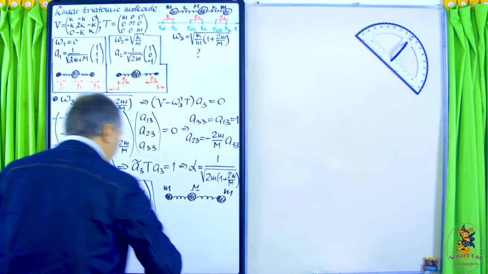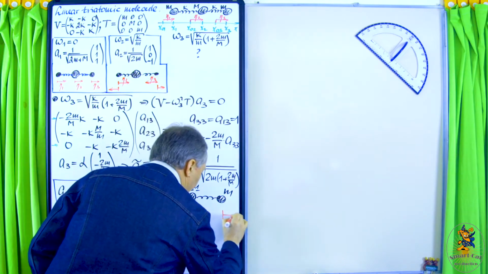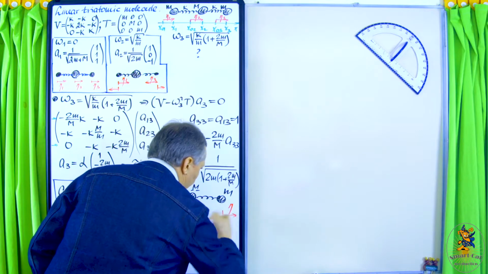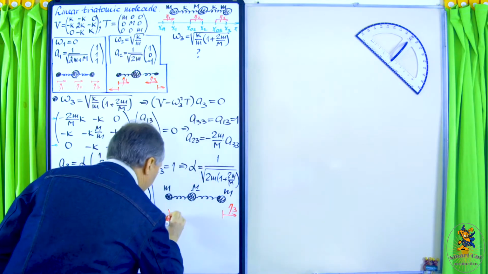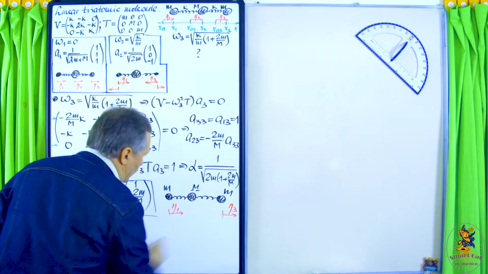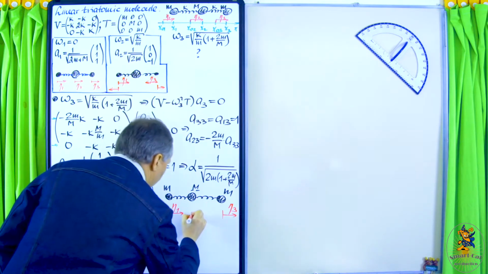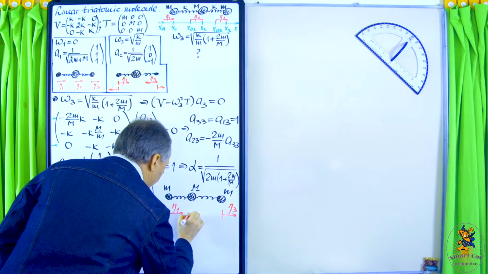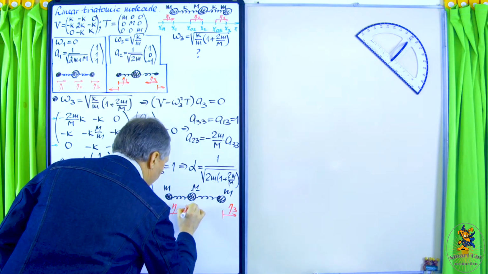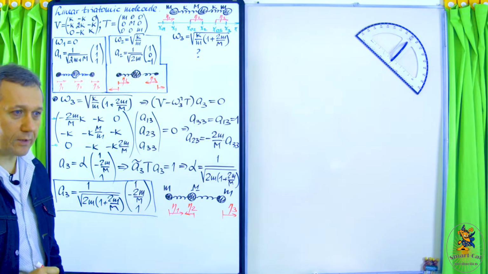And if these two are displaced to the right, so this is eta 3 and this is eta 1, then the middle mass will be displaced in the opposite direction with amplitude eta 2.